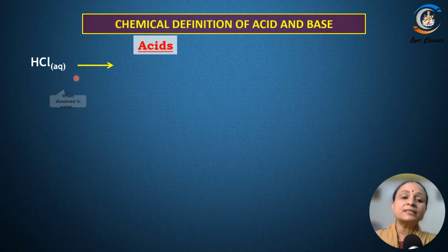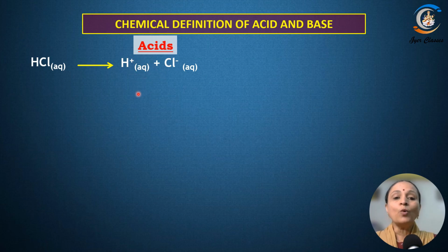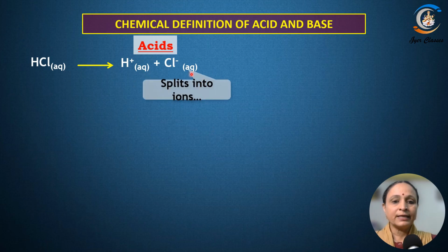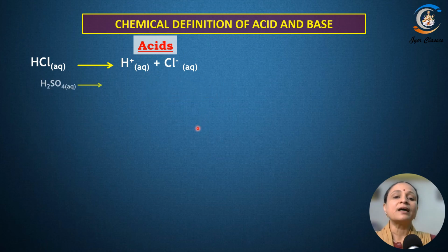When this is dissolved in water, you will get two ions: H plus ions that will remain in the aqueous solution, and Cl minus. Now you can see that the acid HCl is splitting into ions. This process is called dissociation. It will split up into two ions, H plus ions and Cl minus ions.